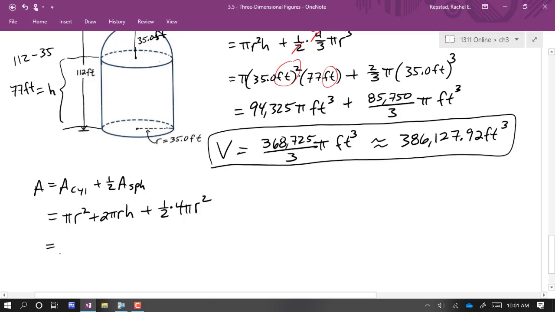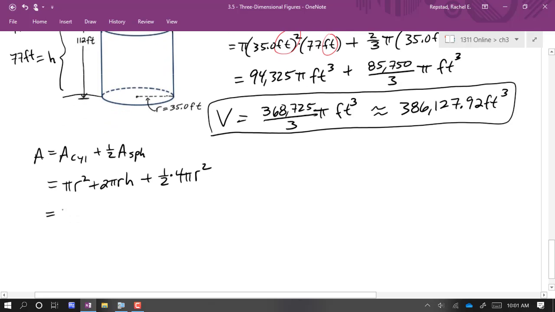And I think we have everything we need to plug in, so let's go ahead and do it. Pi times 35 feet squared plus 2 pi times 35 feet times 77 feet plus, now for the sphere, 1/2 of 4 is 2 pi r squared, 35 feet squared.